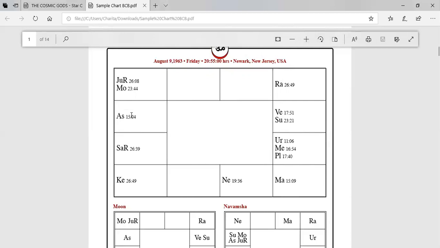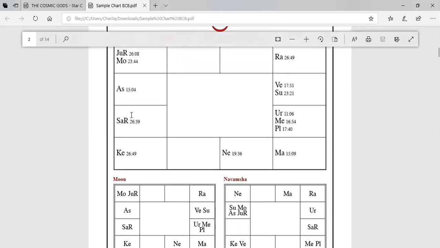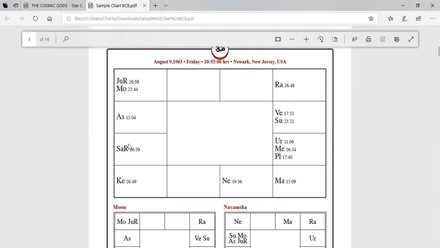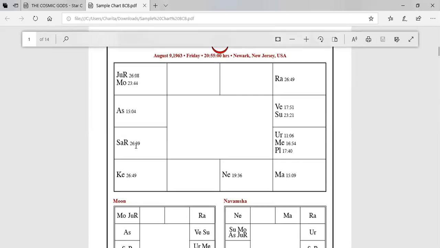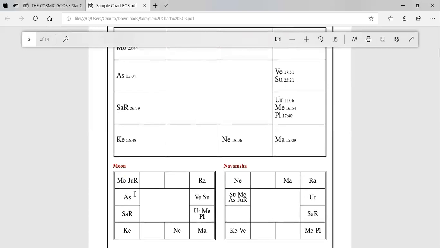Your ascendant sign will always be your first house. For those of you who do not know the time of your birth, so therefore we cannot calculate your correct ascendant sign, you will use your moon sign as your first house, okay?